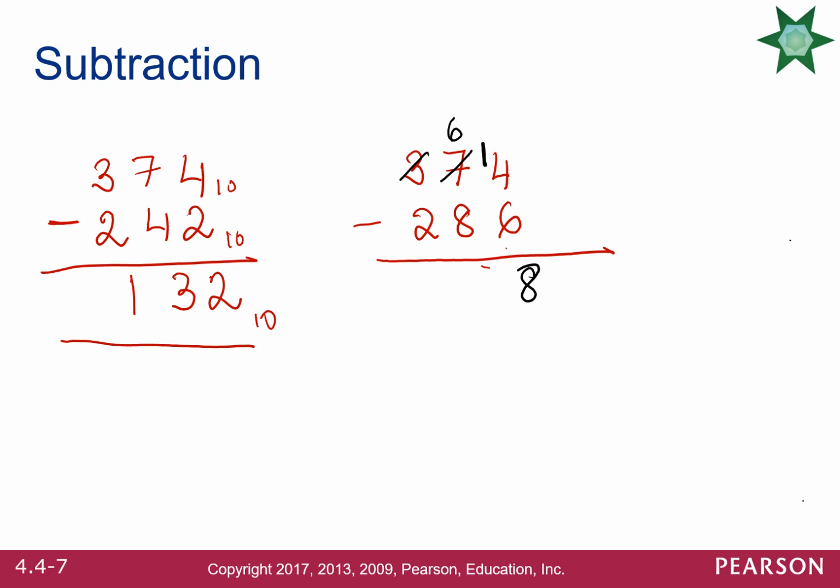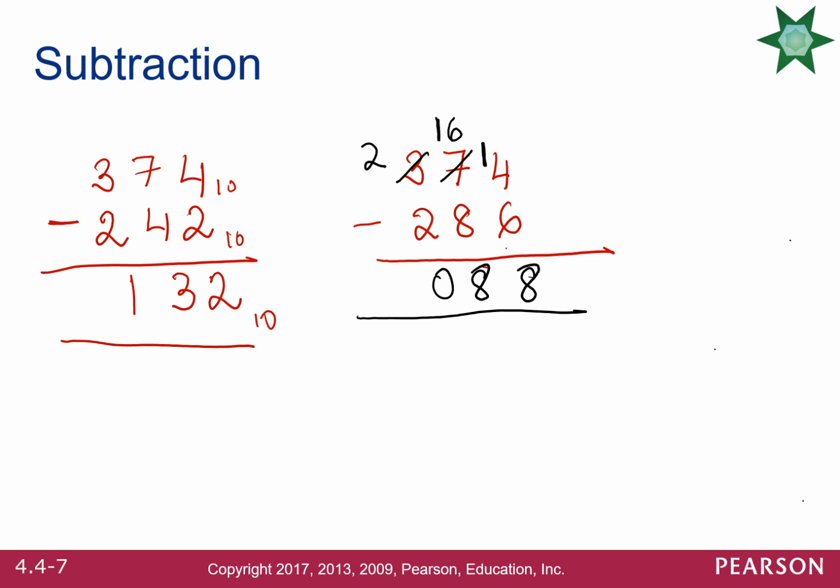I'm going to make this a 2 and give a bundle of tens to make this 16. So 16 minus 8 is 8, correct? And then 2 minus 2 is 0. We don't need to borrow because 2 and 2 are equal. So our answer is going to be 88.